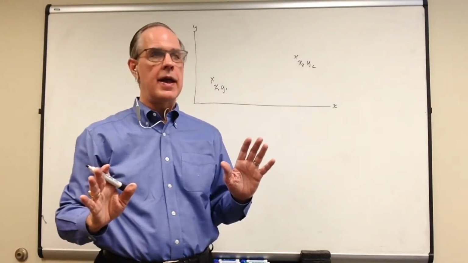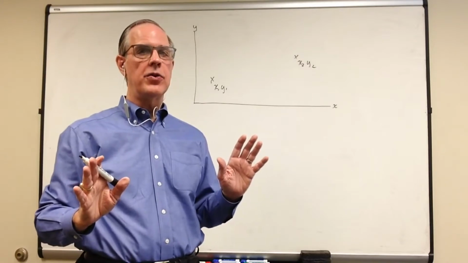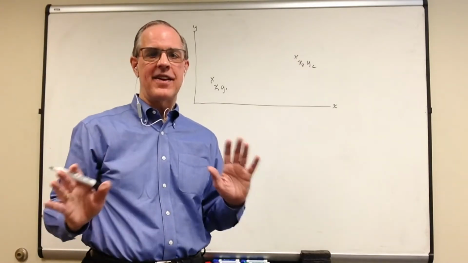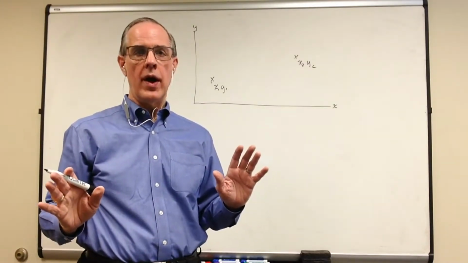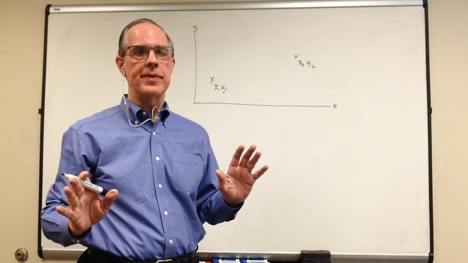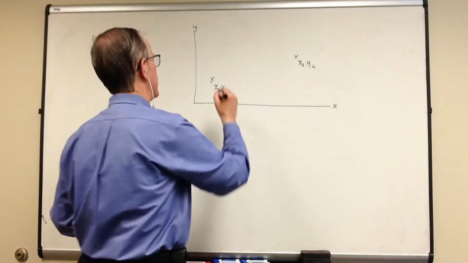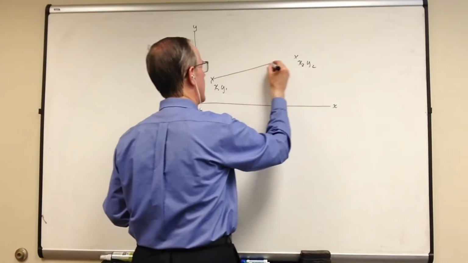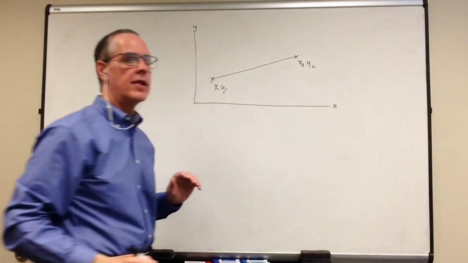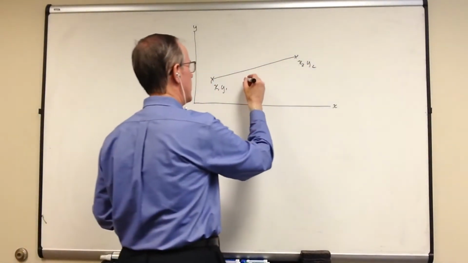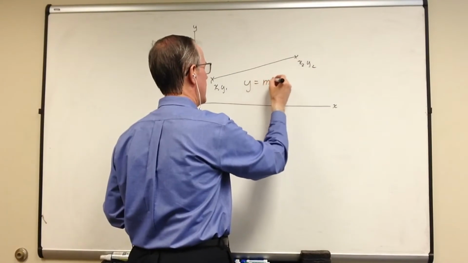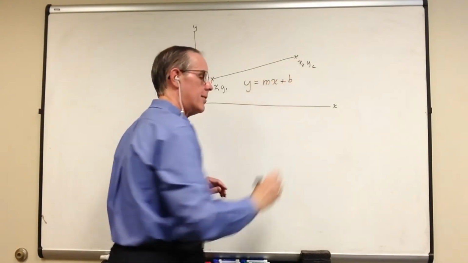Now, what can I do to make some sense out of these points? Well, I can draw a line between them. The equation of a line is y equals mx plus b.